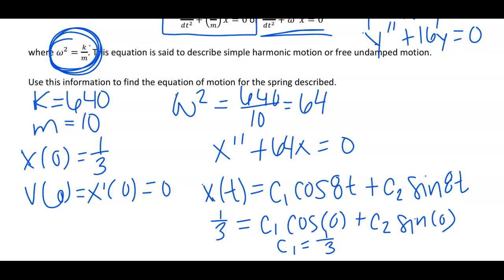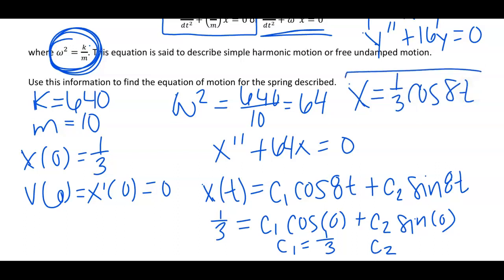So if I take x prime and plug that in, I end up getting that C2 has to be 0. And so my position equation must be 1/3 cosine 8t. And that's my final answer.